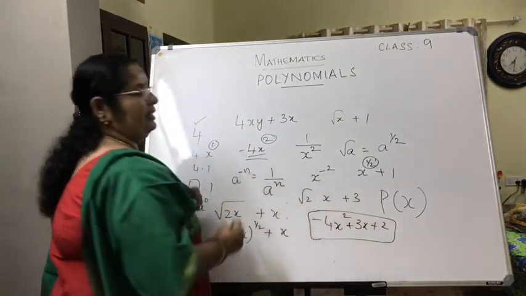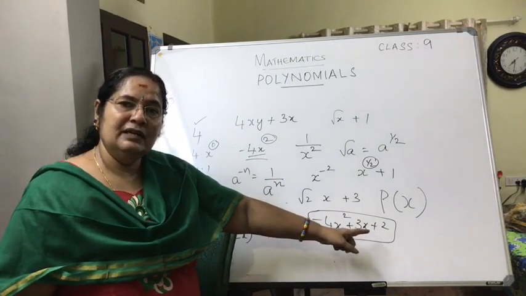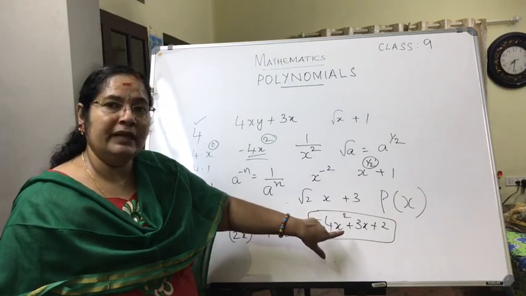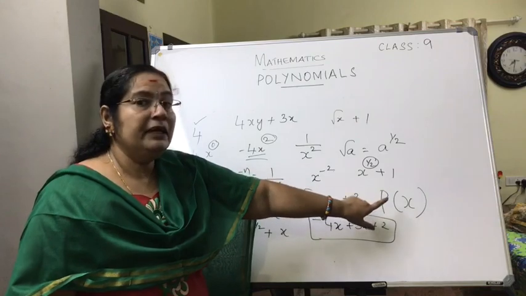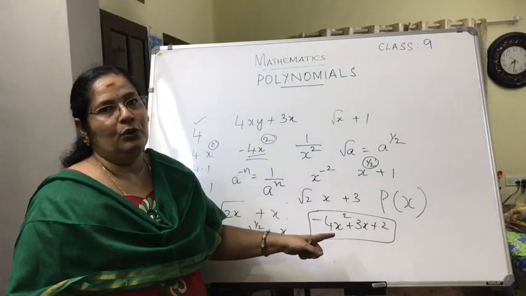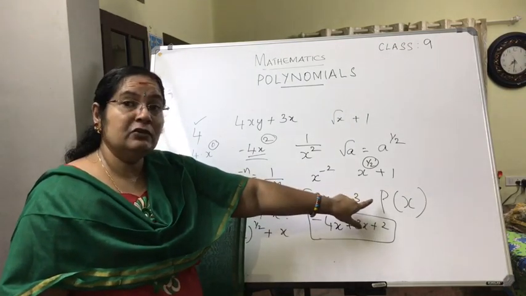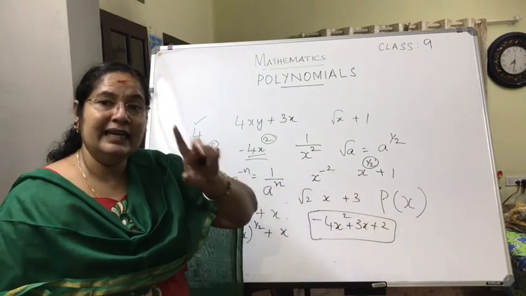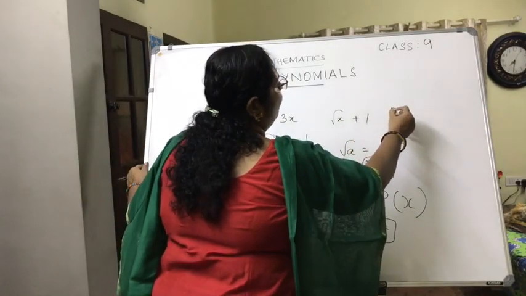Here we have only one variable, x. So this is a polynomial in the variable x. You can write it as p of x equals minus 4x square plus 3x plus 2. So what does this p of x denote? It is a polynomial in the variable x. Is it clear? Suppose I write, say, p of y.